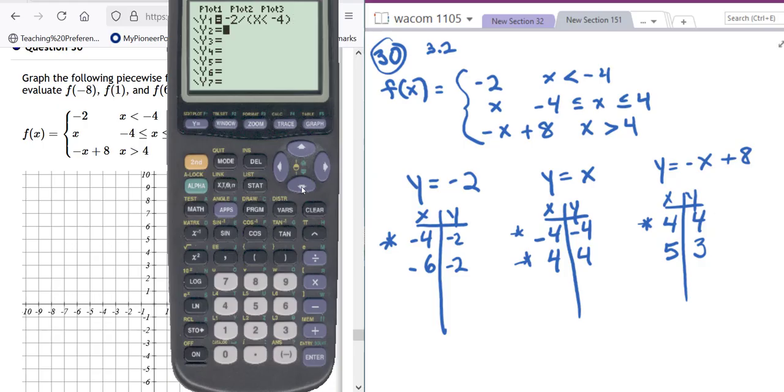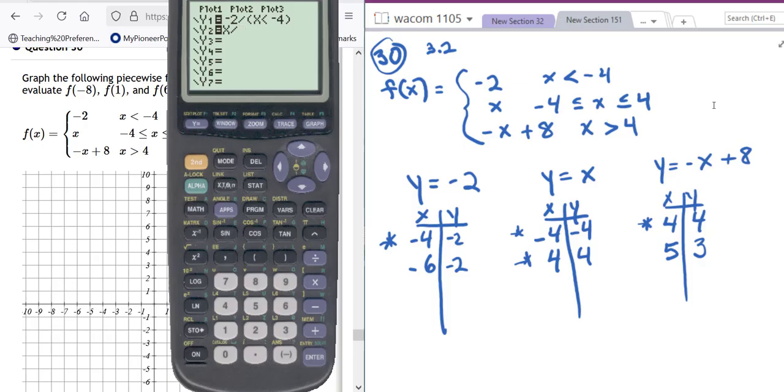Now we'll go down. Our second one is y equals x. So there we go. Right, we'll go ahead and put our restriction. This is the one that you have to be more careful about because you're going to have to do 2 separate ones with an and in between.